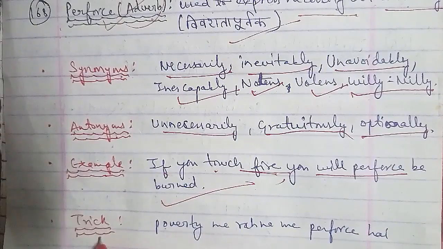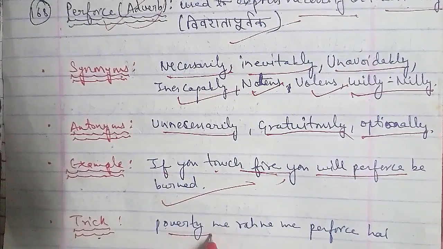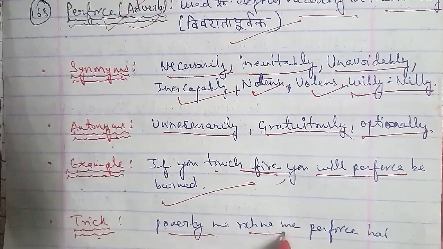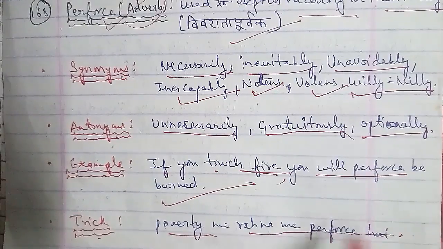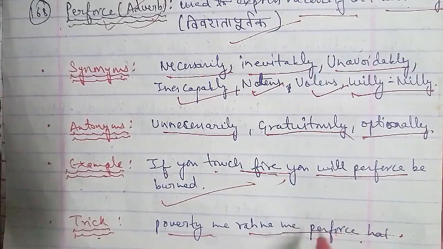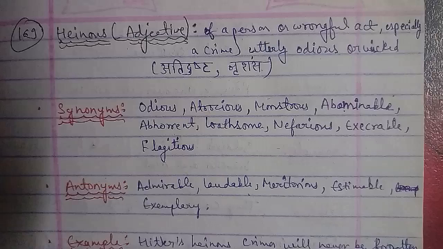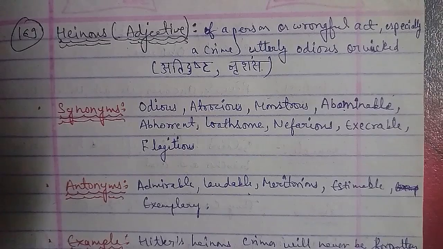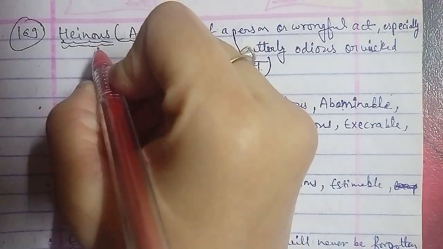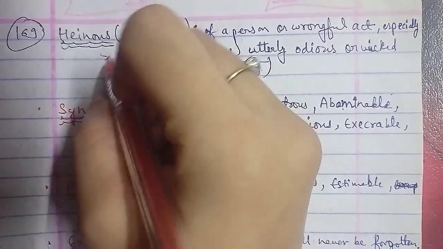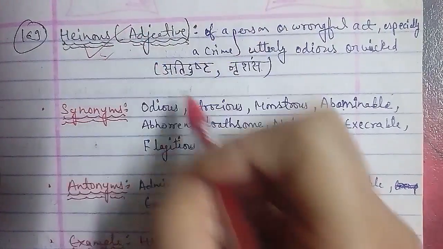Heinous is the word for a person or a wrongful act, especially a crime, that is utterly odious or wicked. The synonyms of heinous are odious, atrocious, monstrous, abominable, abhorrent, loathsome, nefarious, execrable, flagitious.